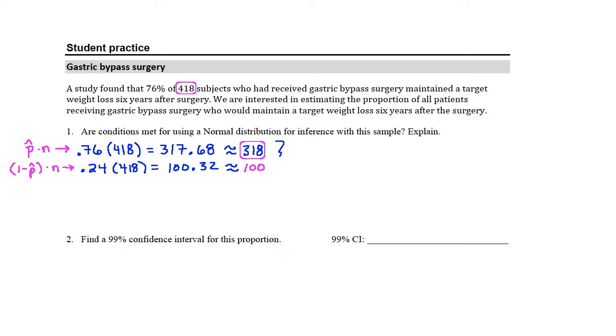Now in checking conditions, we need to verify that these are both at least 10. And we need to say that conditions are met because these numbers are both at least 10. Yes, conditions are met.